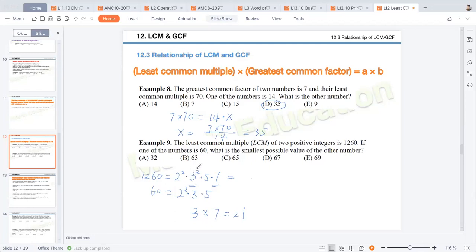The least common multiple should have 2 threes, not just one. So at least the answer must be a multiple of 21.